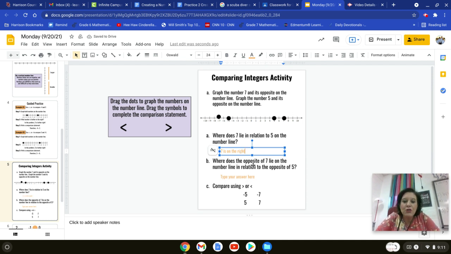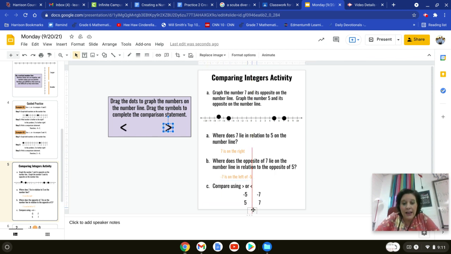But look what happens when you're talking about the opposite of 7. Where does the opposite of 7 lie in relation to the opposite of 5? Well, the opposite of 7 is -7, and it is on the left of -5. So therefore, that tells us some important information. -5 is greater than -7.